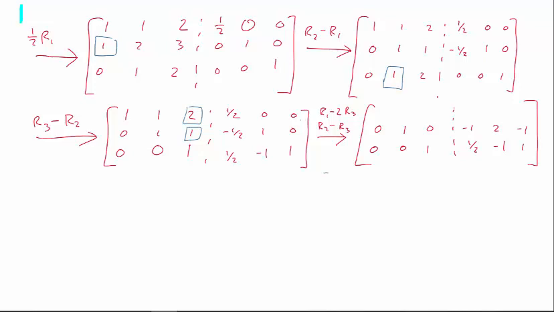Alright, so now for the next row operation, right? Doing those. 1 minus 0 is 1. And then over here, 1 minus 0 is going to be 1.